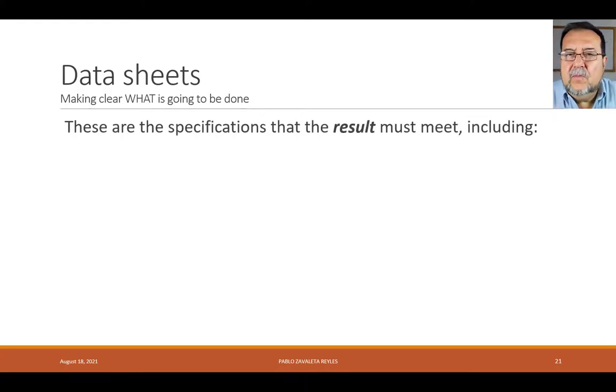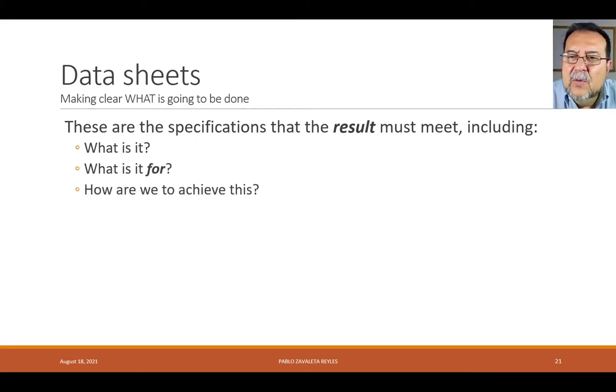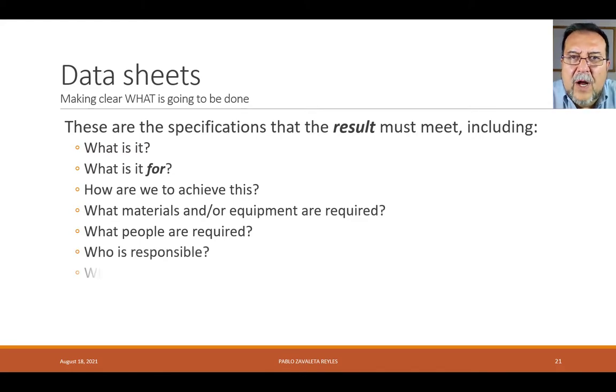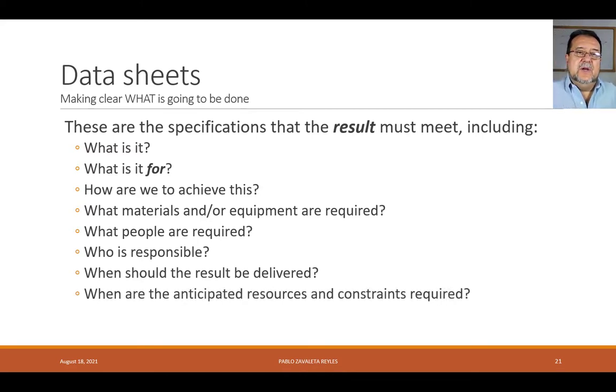So, there are characteristics that the result must comply with, including: What is it? What is it for? How do we achieve this? What materials or equipment are required to do it? What people do we need? Who is responsible? When should the result be delivered? What are the resources that we need?